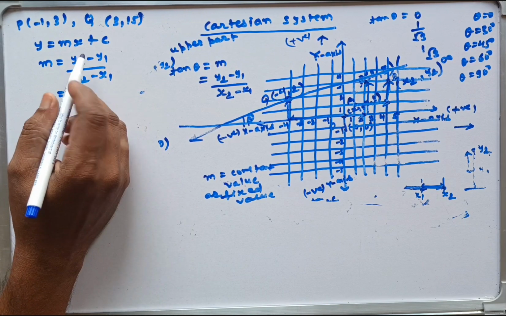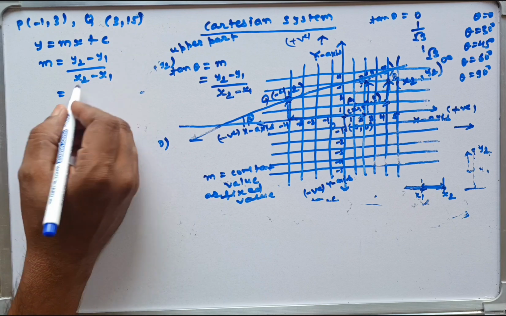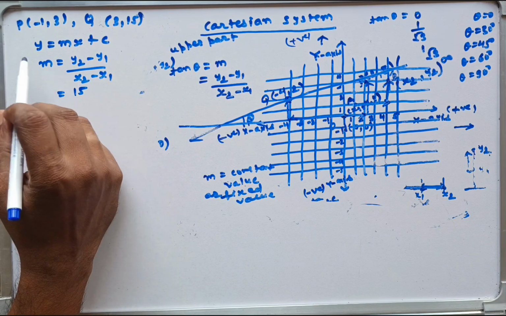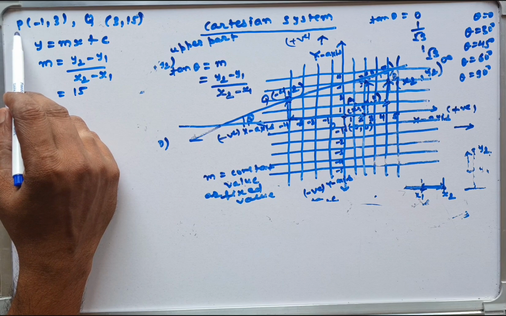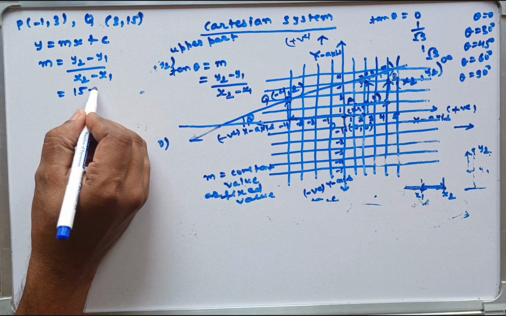In this case point Q will give the y2 value, so this is 15, and point P will give the y1 value, this is -3.